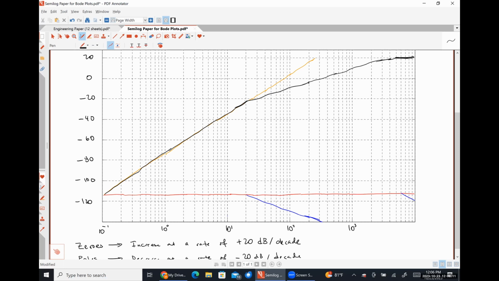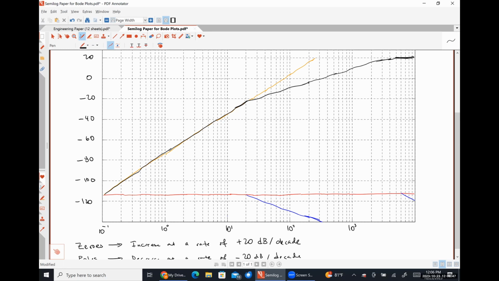So 40 minus 20 is positive 20 decibels per decade. So now I am increasing by positive 20 decibels per decade until I hit my second pole. My second pole occurs at 6 point something times 10 to the 3. Now my rate of 20 decibels per decade gets 20 decibels per decade subtracted from it because I hit my second pole and we're effectively flat. So at very, very high frequencies, we should see that the output of this thing is effectively constant.